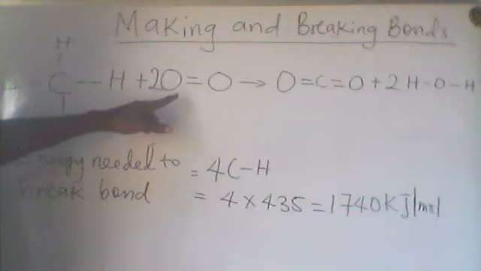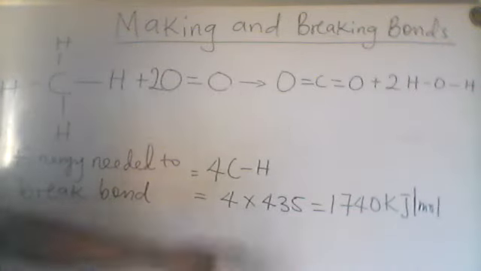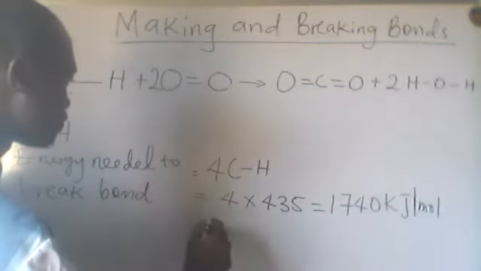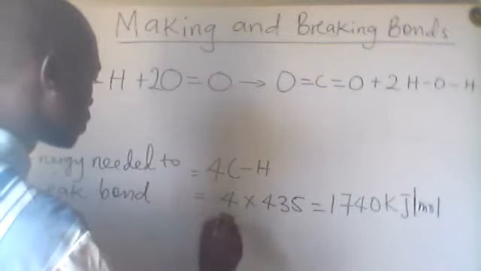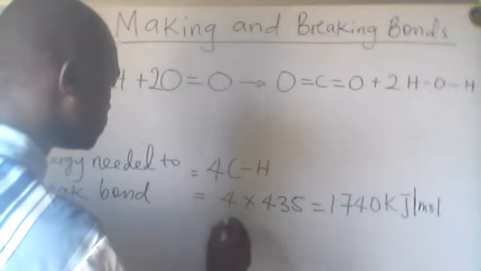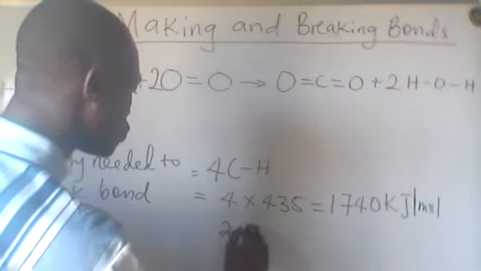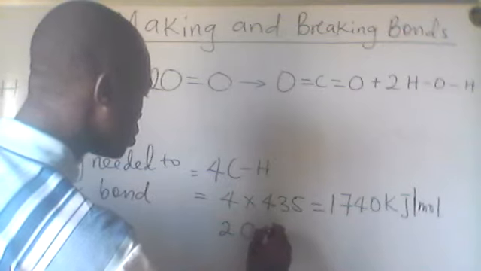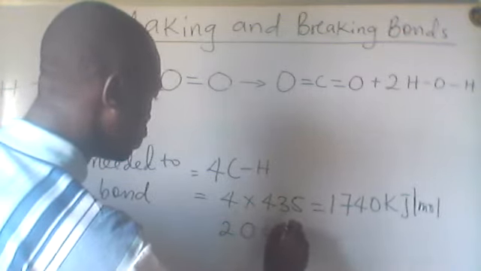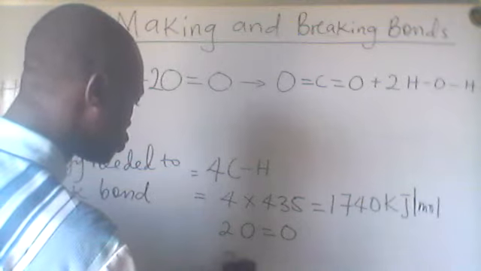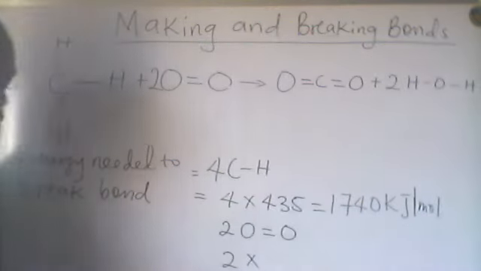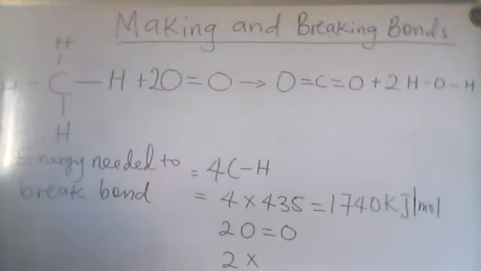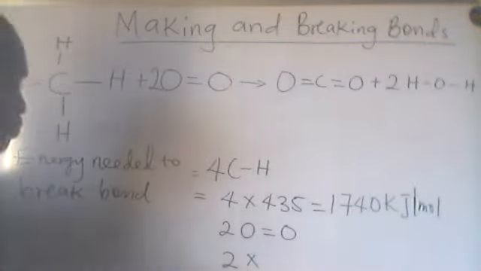The next one is oxygen to oxygen double bond. We have 2 of it. So we have 2 oxygen to oxygen double bond. That means 2 times 498.